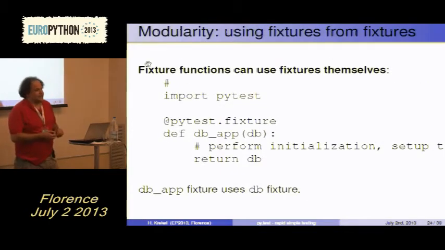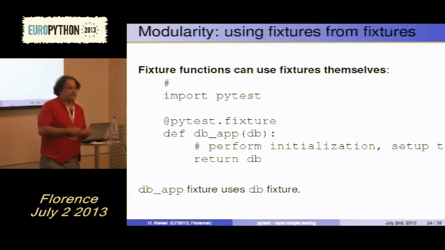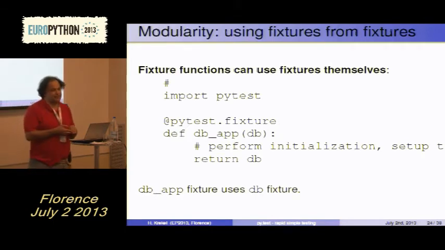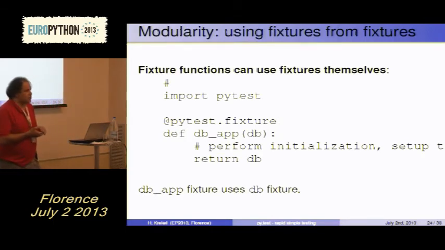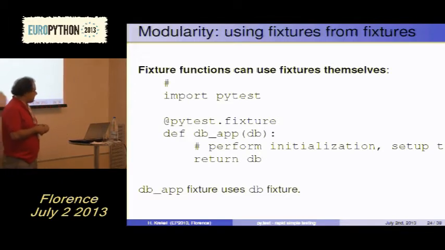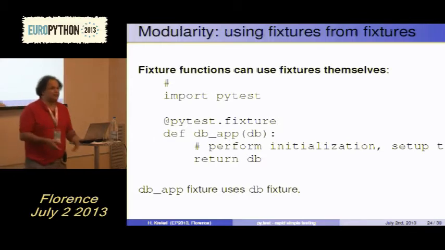One very important feature here is that this goes further in the sense that fixtures, when you have a database, for example, you might have some special application-specific initialization that you want to do on top. So the same way that in my test function I say I want to use the DB fixture, you can now have another fixture, db_app, that has some initialized tables with default users, whatever.